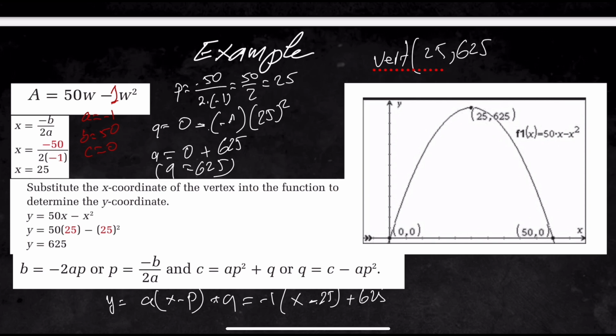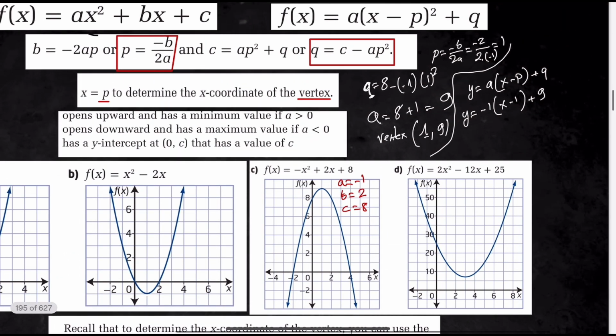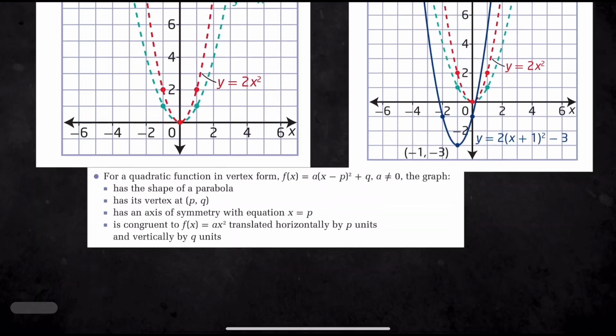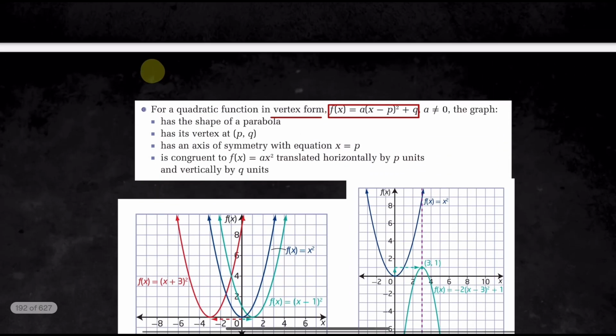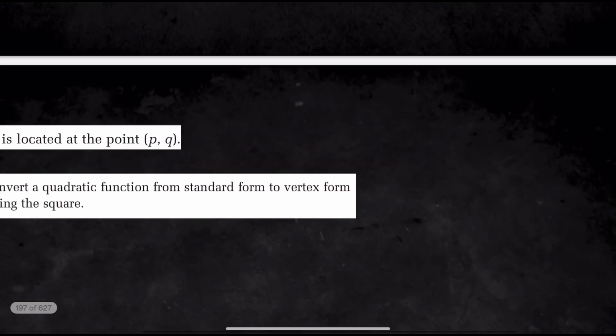So what we have here, we have a parabola, no, this is a square, sorry. Because the standard form is squared, your vertex form is squared. You can see it, squared. Okay.